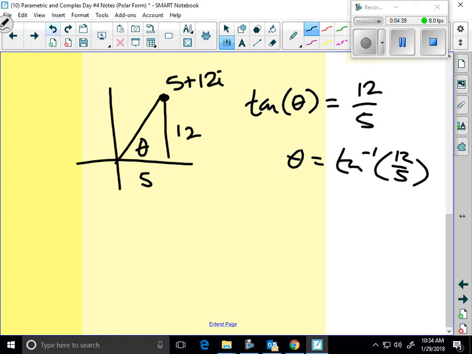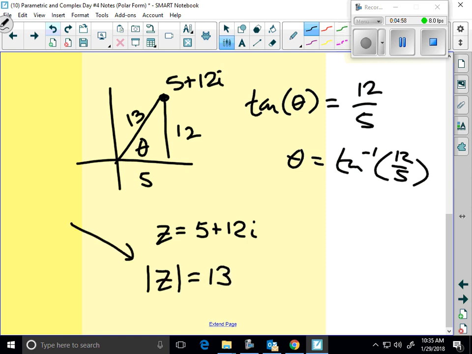Okay. So what would the hypotenuse be here? 13. Good. So if we call this complex number z, 5 plus 12i, 13 is called the modulus of z. That's the modulus. That's the modulus of z.